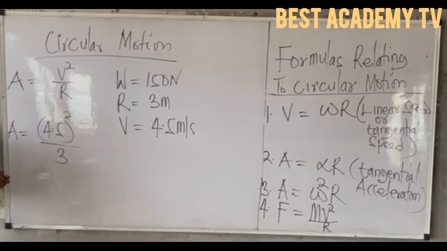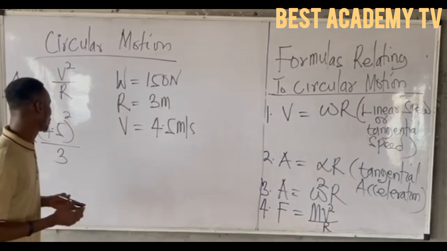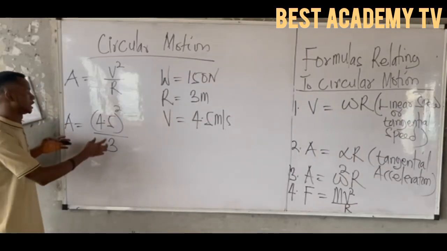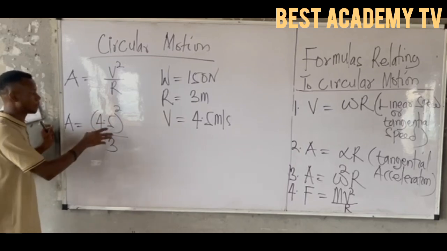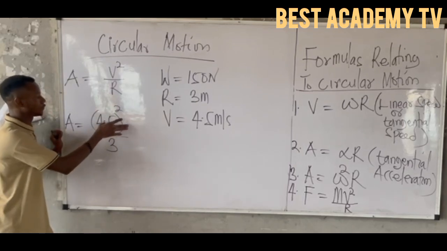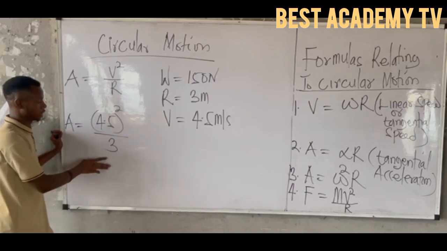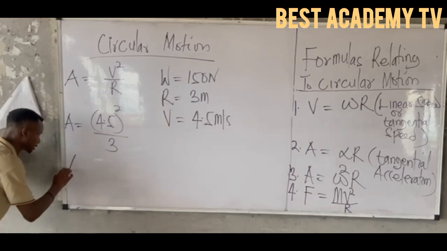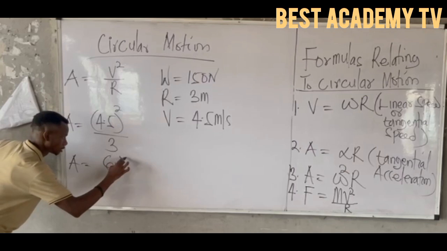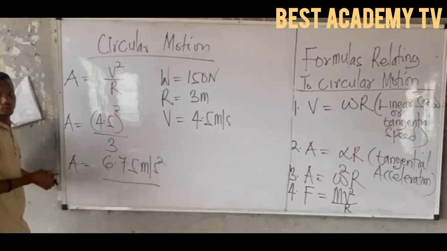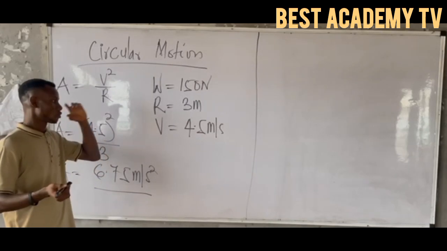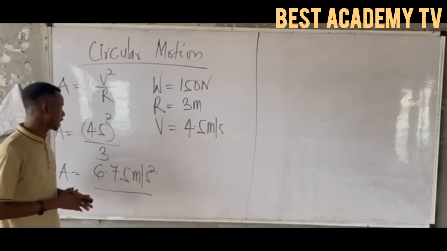Now let's point our calculator: 4.5 all squared divided by 3. I will have our answer equal to 6.75 meters per second squared. Please take note. Alright, we have solved for our centripetal acceleration.